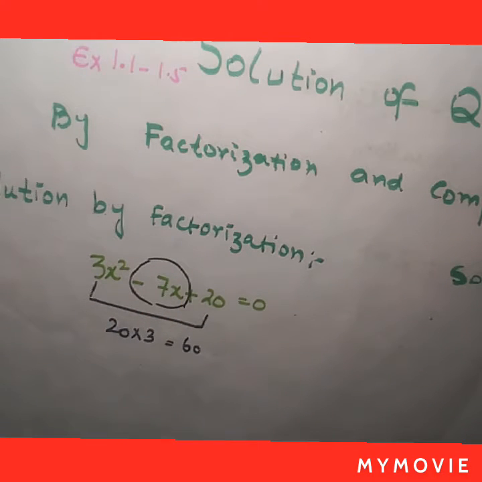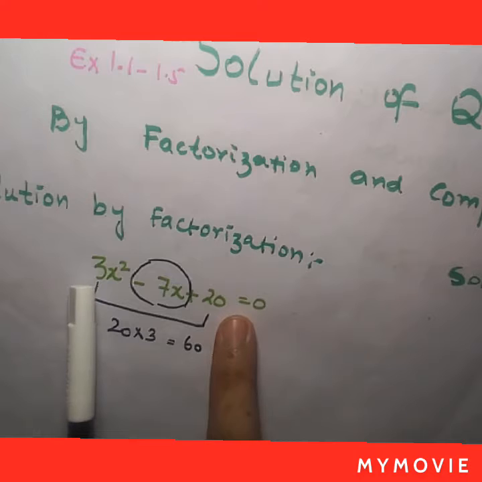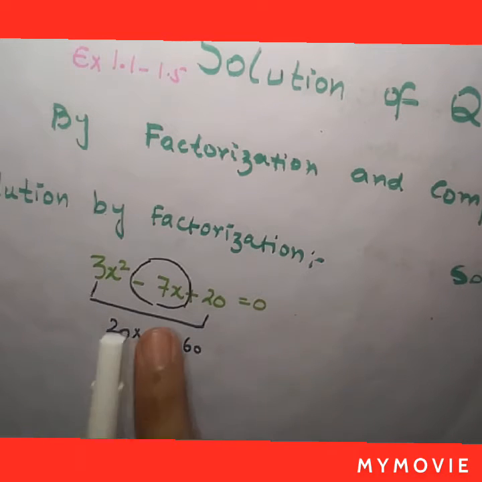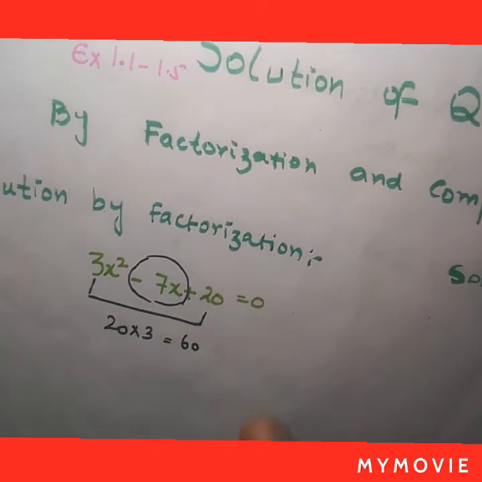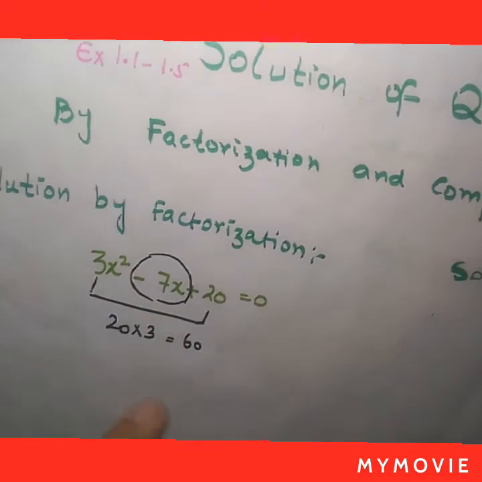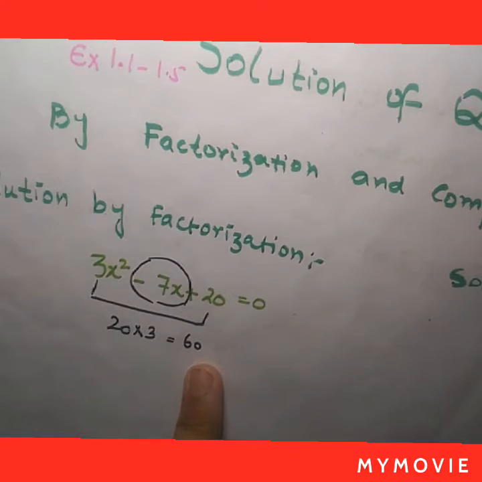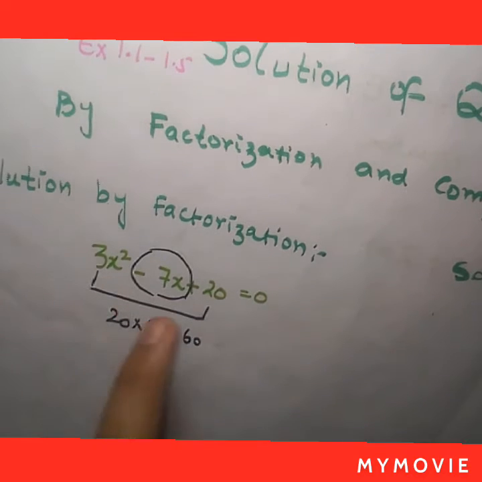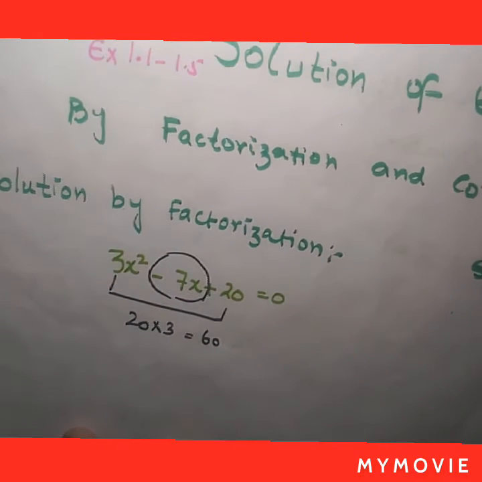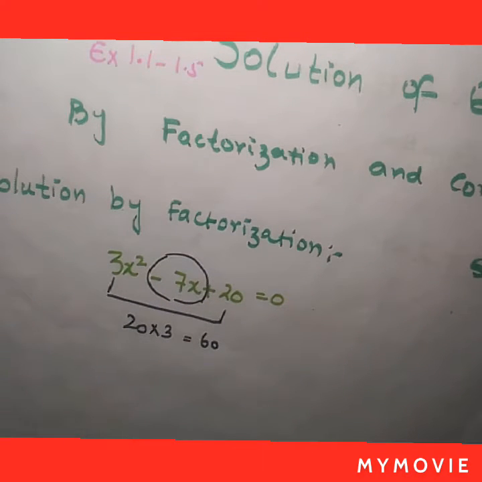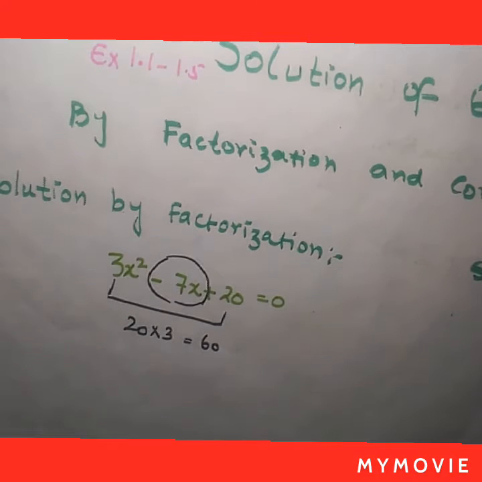Understand the theme again: the product of the first and third term must be equal to the product of the numbers into which we break the mid term. We break the mid term into numbers whose product is also 60, and their addition or subtraction gives that number.